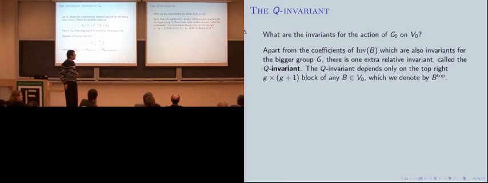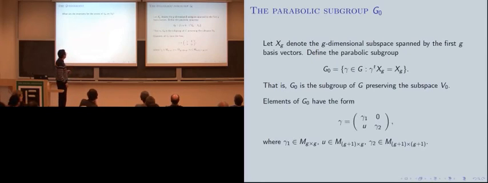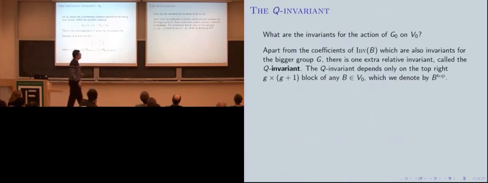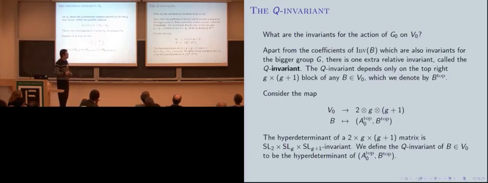So what is the Q-invariant? The Q-invariant depends only on the top right g by g+1 block. If you remember, V0 was this subspace where the top left g by g block is 0. So I'm just going to take the top right g by g+1 block, and use it to define a map from V0 to 2 tensor g+1, the space of pairs of g by g+1 matrices.